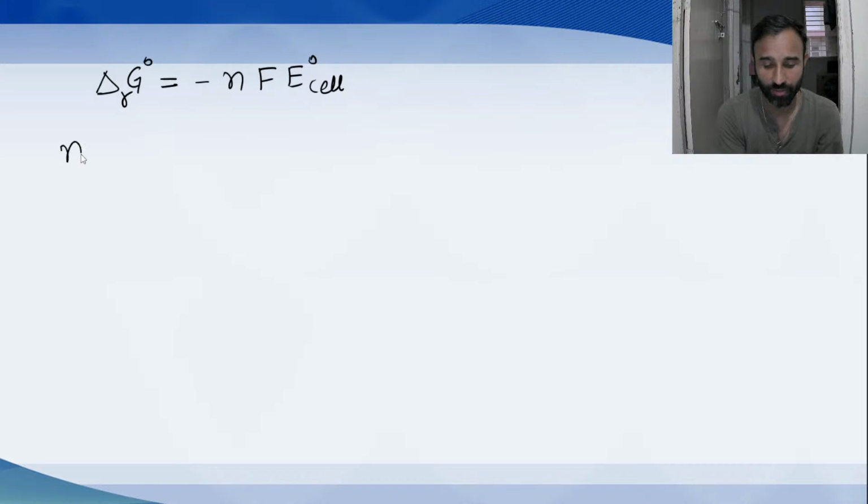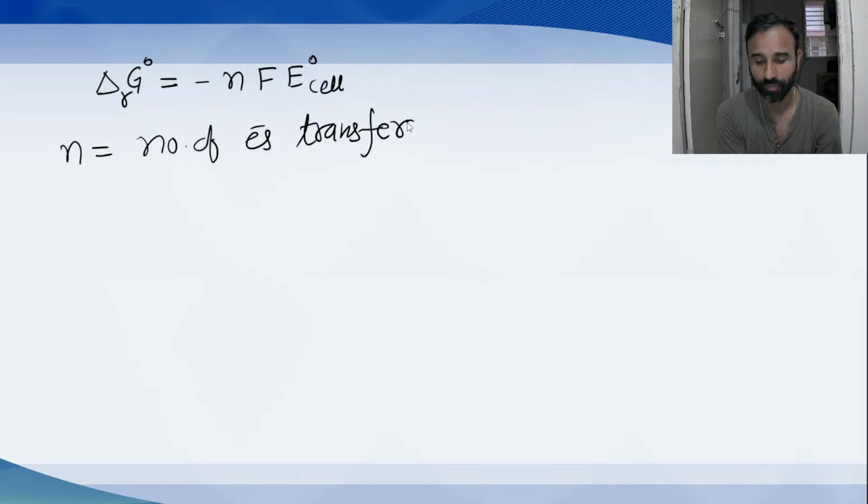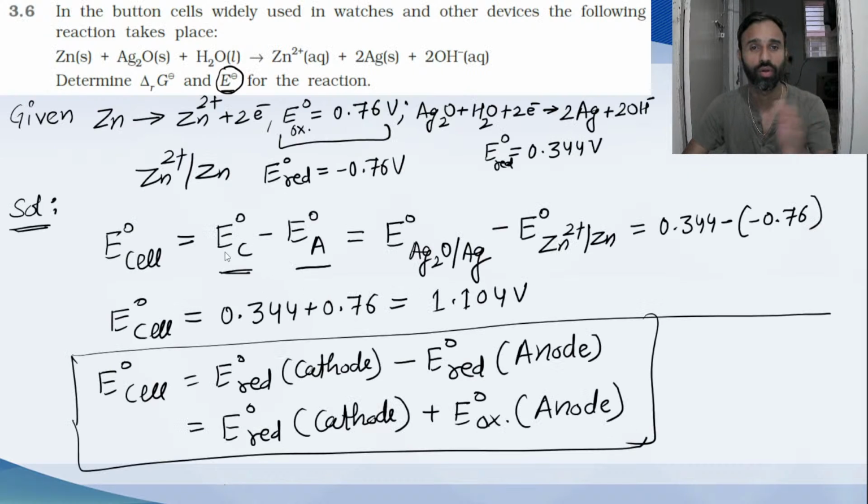What is n? Number of electrons transferred. Now see, in this case, the number of electrons transferred: Zn to Zn2+, how many electrons are involved? 2. Ag2O to 2Ag, electrons involved are 2.